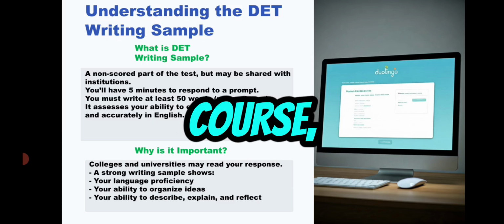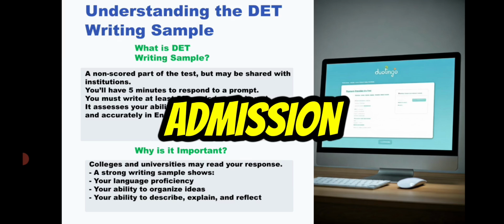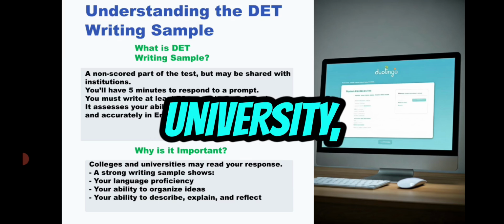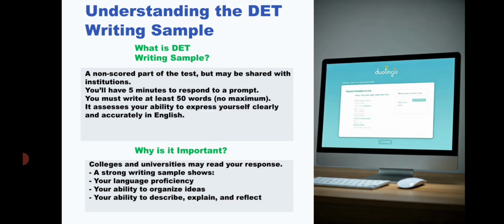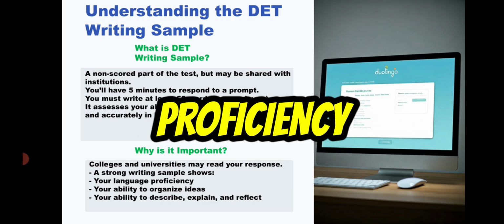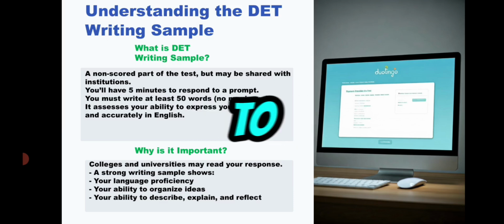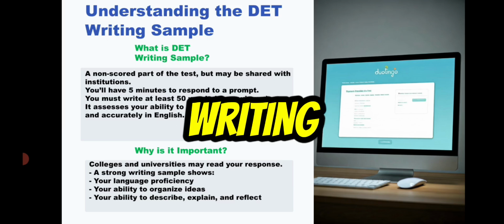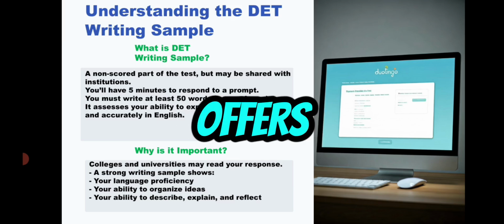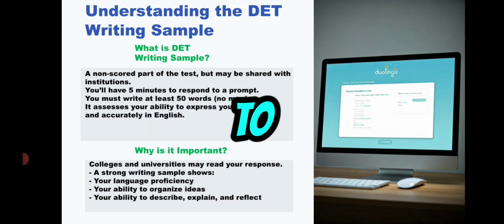And of course, if you are applying for admission to a university, the university obviously would be interested to know your language proficiency, your ability to organize ideas, your ability to describe, explain, and reflect. And that is what the DET writing sample offers you the opportunity to express.